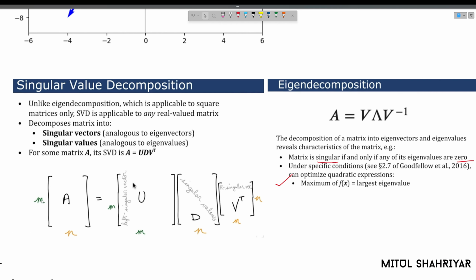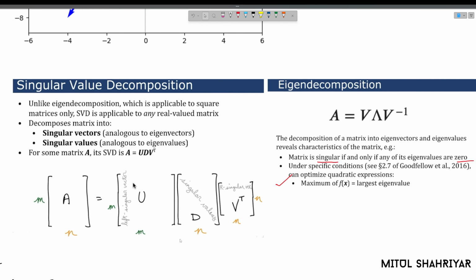For example, if we have m rows, say 10 rows, and 3 columns, 10 by 3, which is not a square matrix, then using SVD, which is singular value decomposition, you can get a U matrix, then a D, then a V transpose. So what are these?